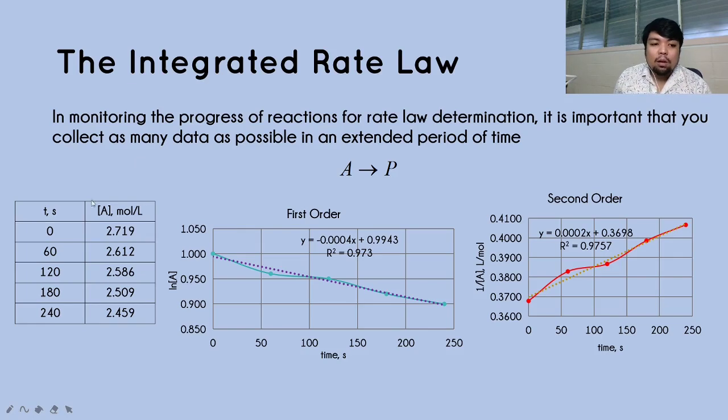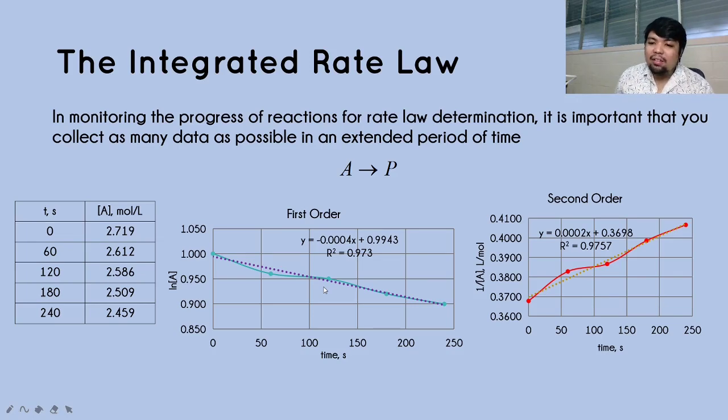So, for example, we're given this set of 5 data points here. We plot this using the first and the second order, and if you see in the data, although their r squared values are close, obviously the graph for the second order reaction has a greater r squared compared to the graph for the first order reaction here.